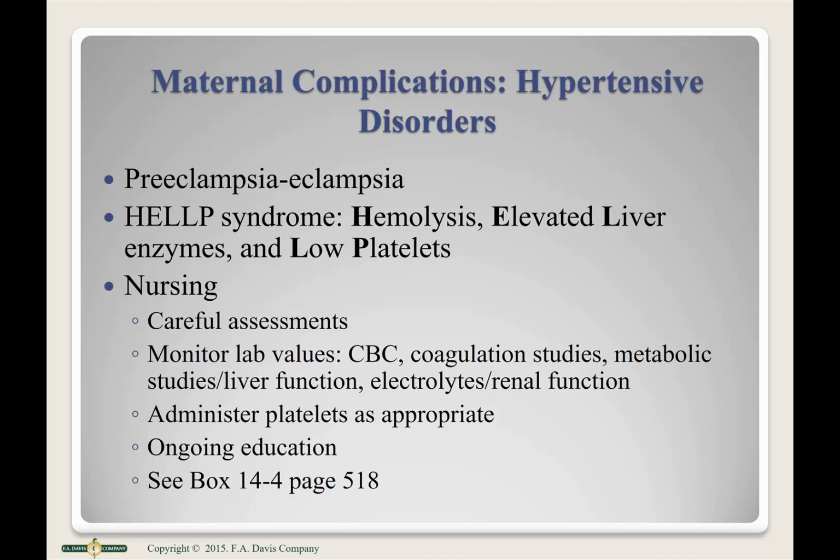Now, like I said, this is a progressive disease. As we're having these vascular issues, we have vascular areas in our brain, in our liver, in our kidneys, in our lungs, and that's why when we look at table 14.4, we look at some of these areas.